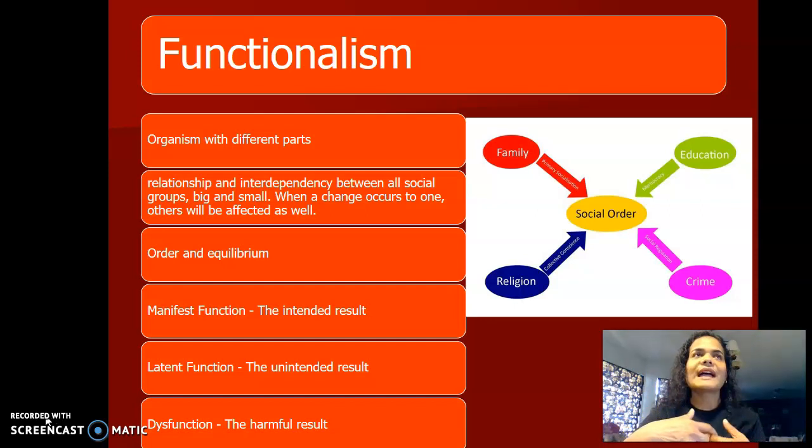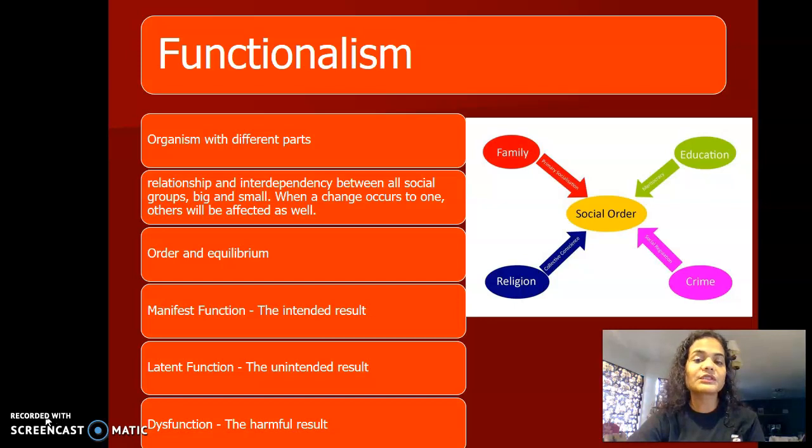As a result, when a change happens in any one part of that organism, the other parts will eventually be affected. In the image there, I give you examples of how institutions like family, education, religion, crime, etc., will have an impact on the social order.